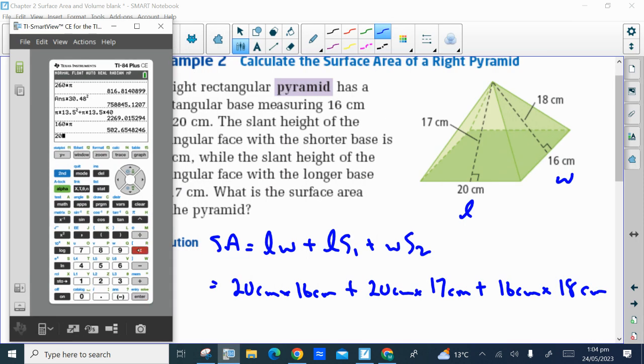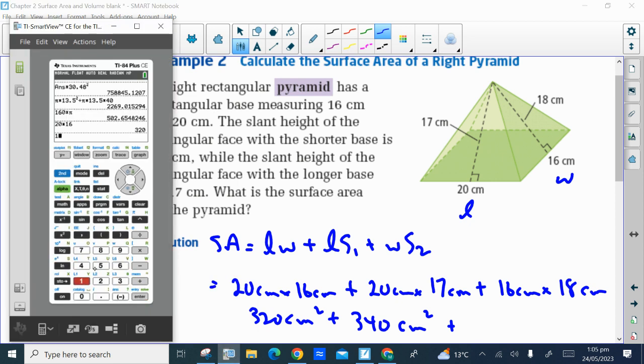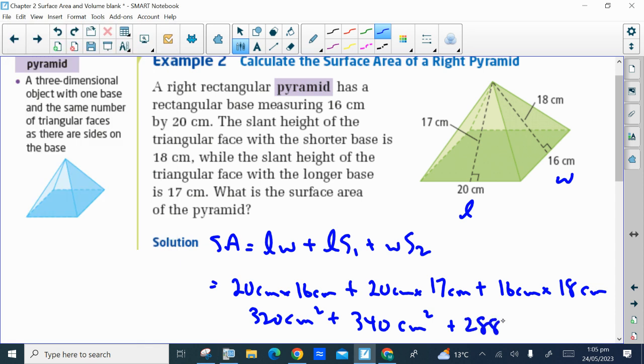So 20 times 16, that'll be 320 centimeters squared, plus 20 times 17 would be 340 centimeters squared, plus 16 times 18, 288 centimeters squared.